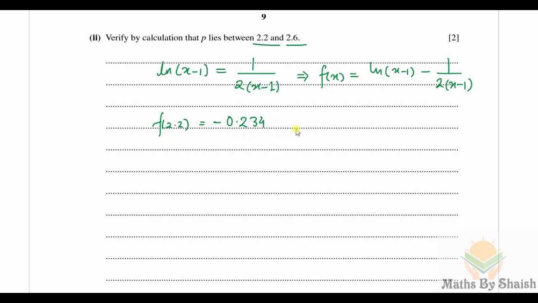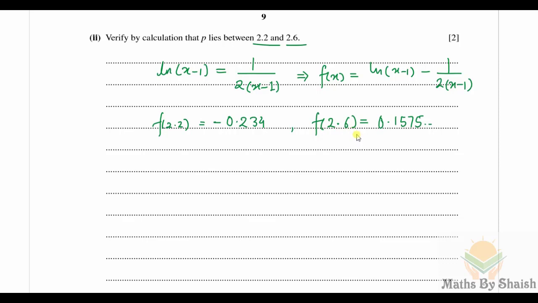And similarly we can find f of 2.6, and this is 0.1575 and so on. So we can see from here that the function value at 2.2 is below the x-axis, and the value at 2.6 is above the x-axis.